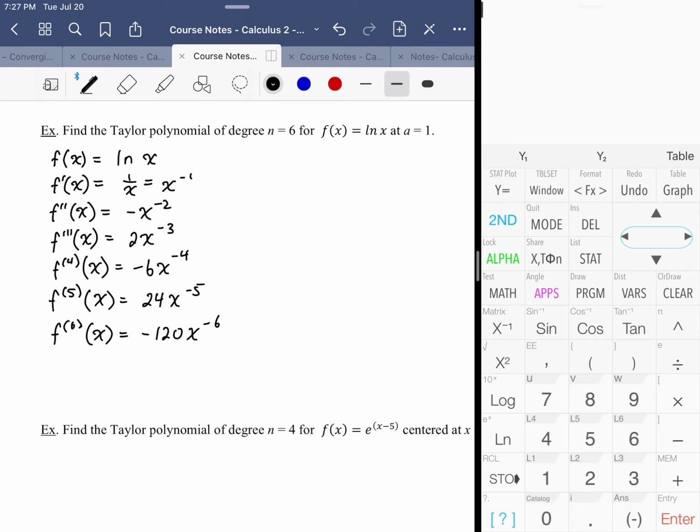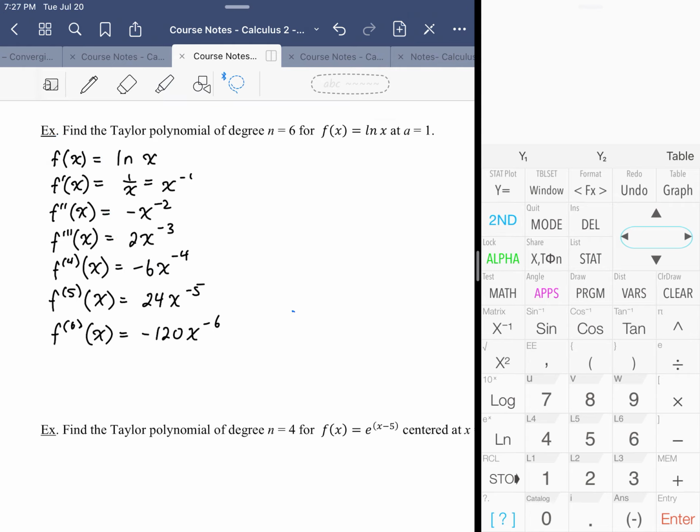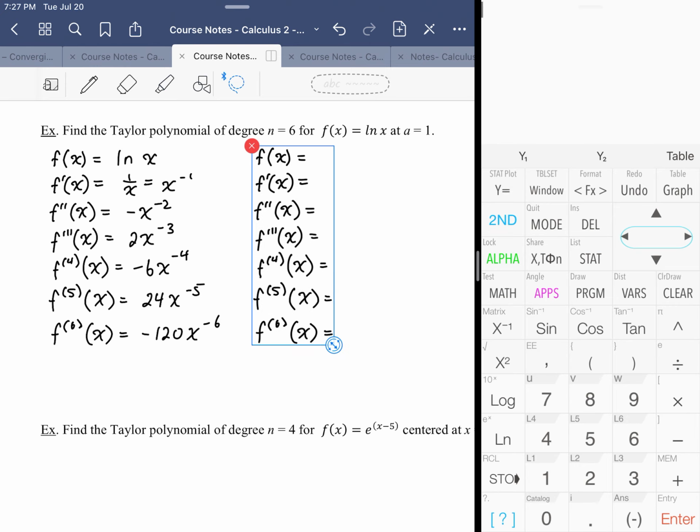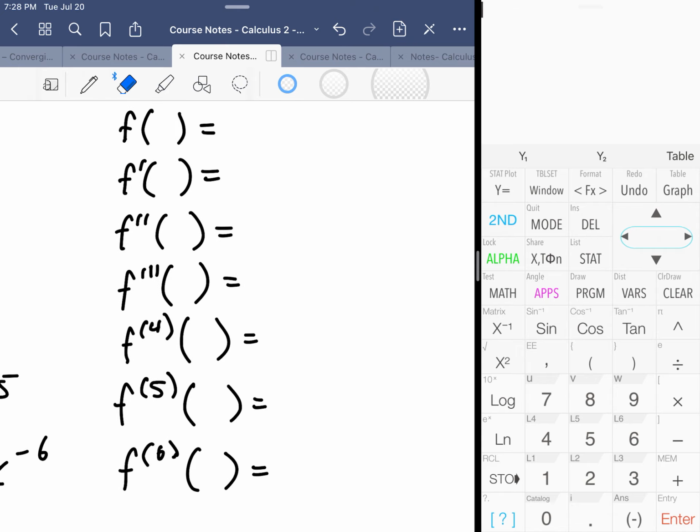So we have those derivatives in place. Now we want to evaluate them when x is equal to a, which is equal to 1. Trying to stave off writer's cramp here.